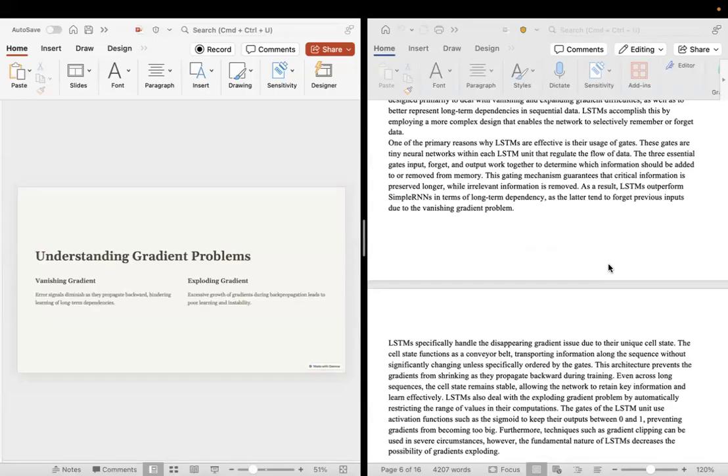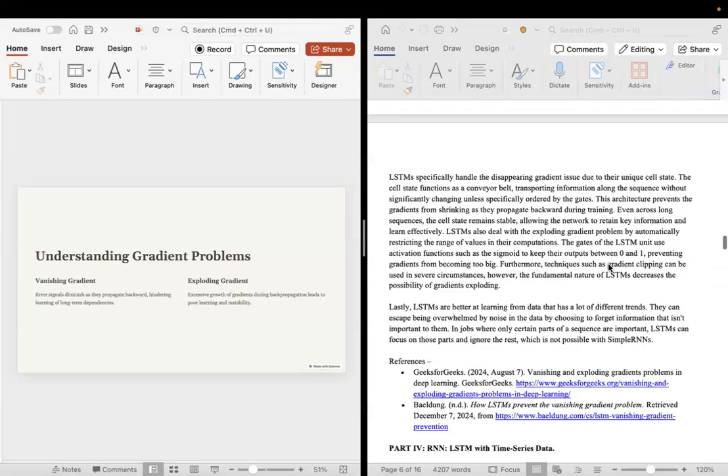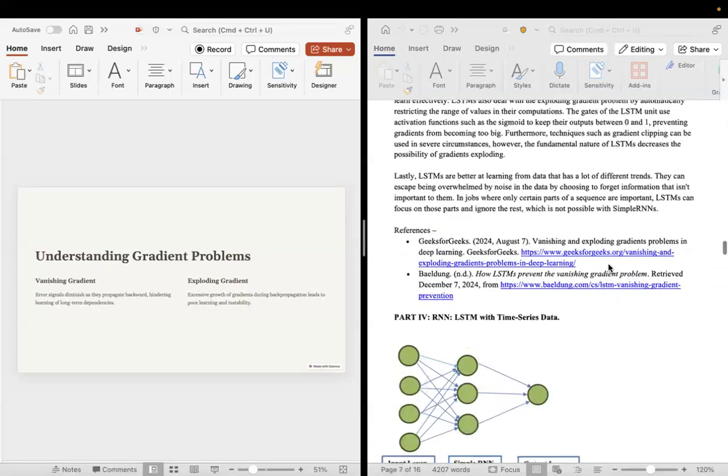As a result, LSTMs outperform simple RNNs in terms of long-term efficiency, as the latter tend to forget previous inputs due to the vanishing gradient problem. Lastly, LSTMs are better at learning from data that has a lot of different trends.